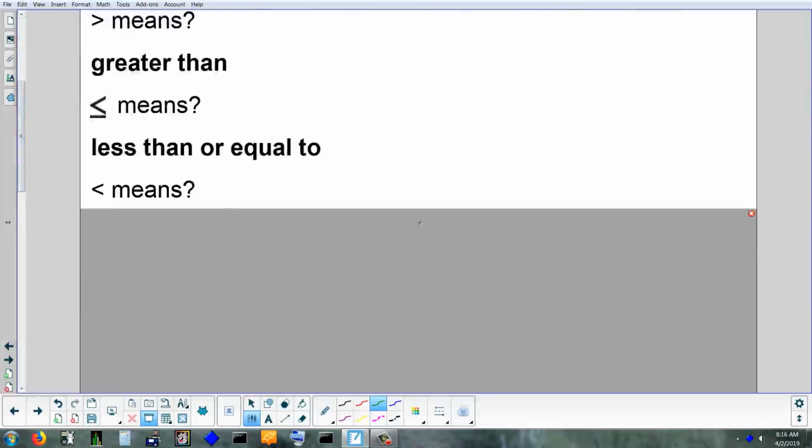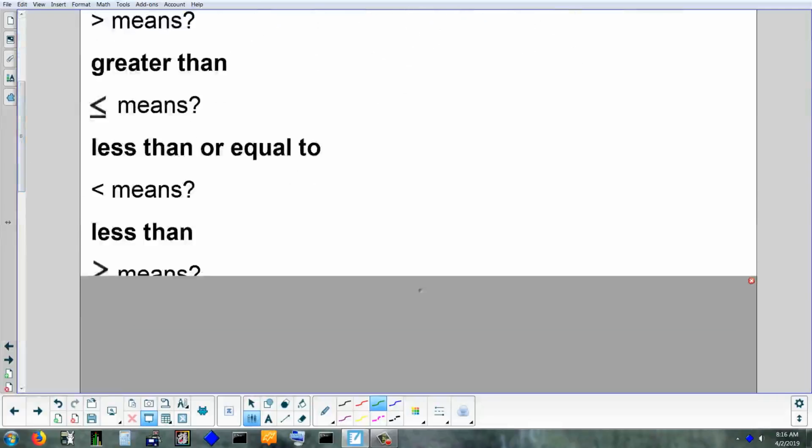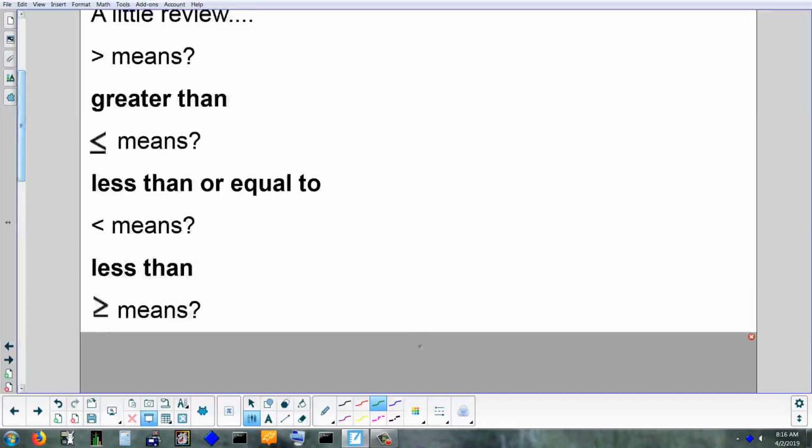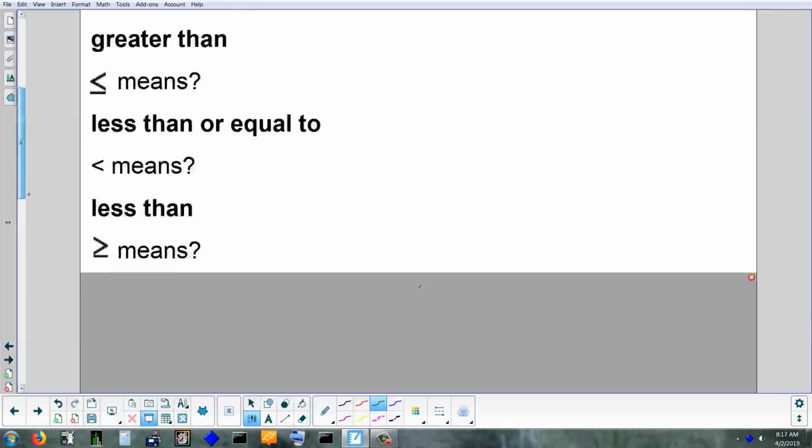Okay? So this is just like the one above without the line. So what's that symbol? Dylan? That is the one at the bottom right now. Yeah. Less than. Yep. So less than. And then the last one, just like the first one, except it's got the line under it. Lewis, what's that one?